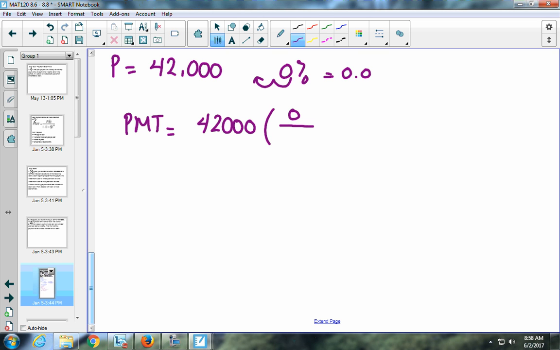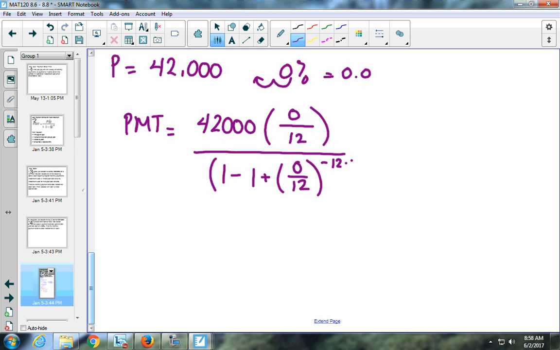Over n, I'm still making 12 monthly payments, all over 1 minus 1 plus my 0 over 12 raised to the power of negative 12 times 4. Now, if you plug all of that into your calculator, you just get 0.